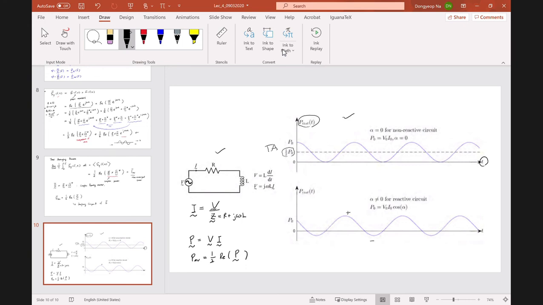Then what would be the physical meaning of the negative power? You know from circuit theory that negative power is the power flowing from the load to the source, not from source to load. This negative instantaneous power results from the imaginary component of the complex power. It's called the reactive power.